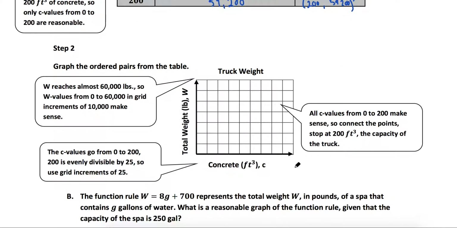Okay, so we can go ahead and graph this. We're going to go ahead and make 10,000 increments. So if you want to put like 10 here and 20 here, we'll say that this is in thousands.